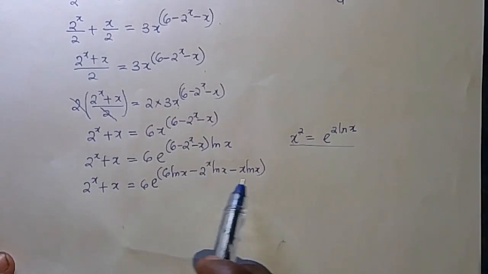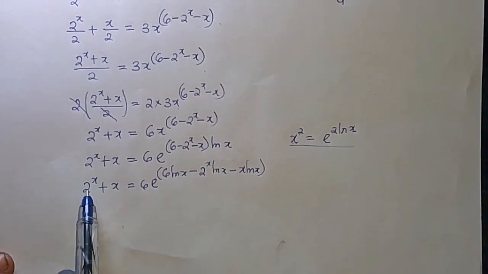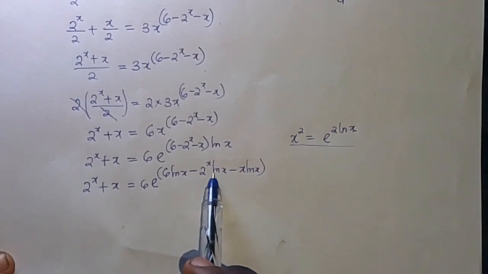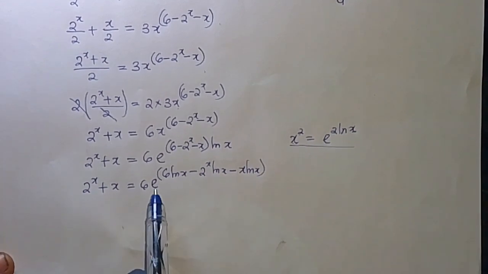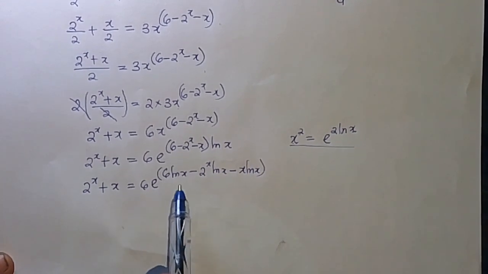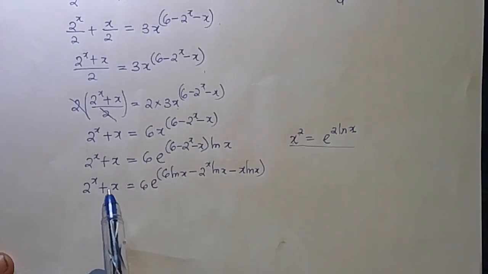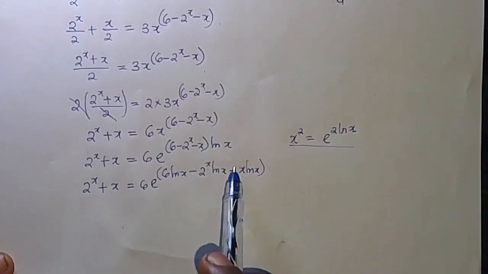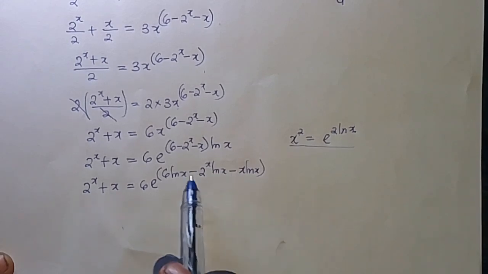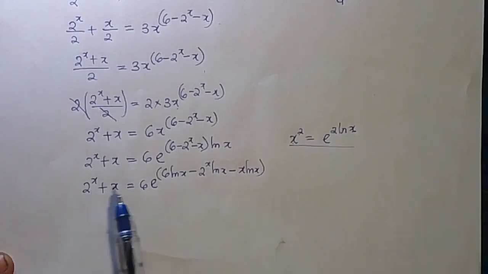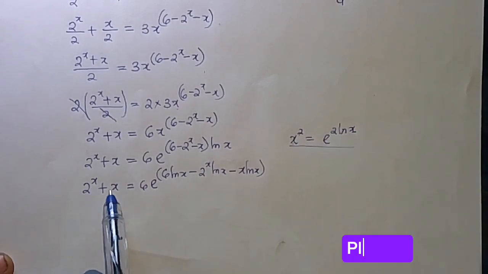So at this point, we want to have 2 to the power of x plus x right here at the exponent of e. So we have to simplify the whole of this to have 2 to the power of x plus x at this point. So we see that if we simplify this, we can have something similar to 2 to the power of x plus x.